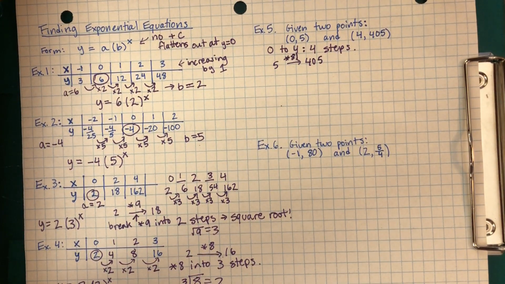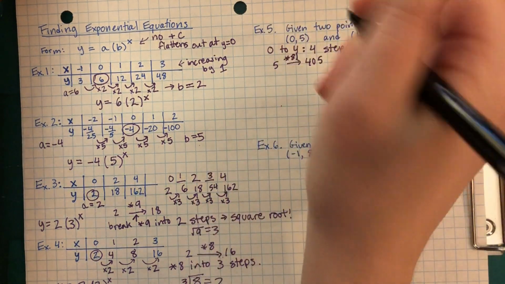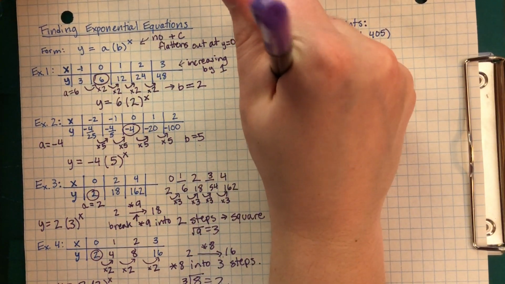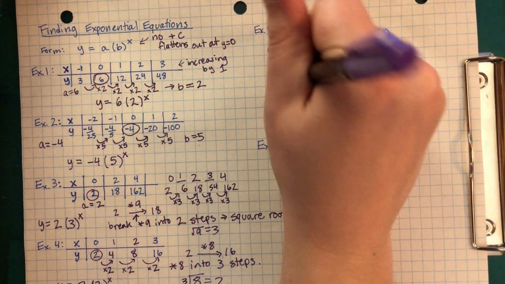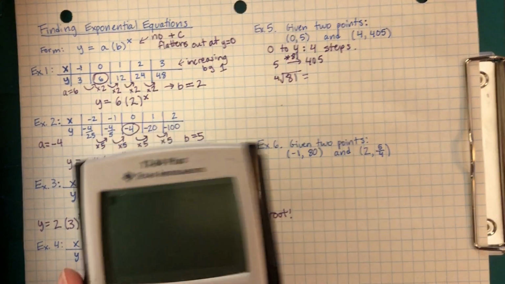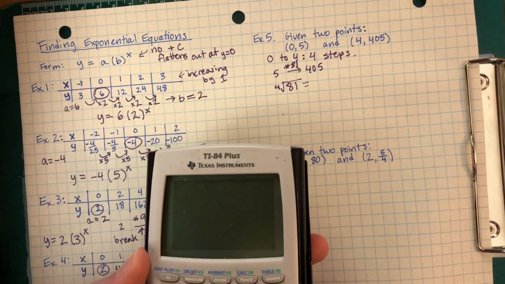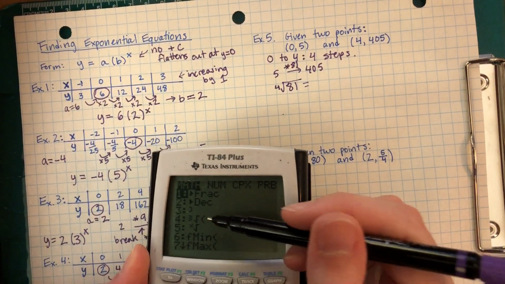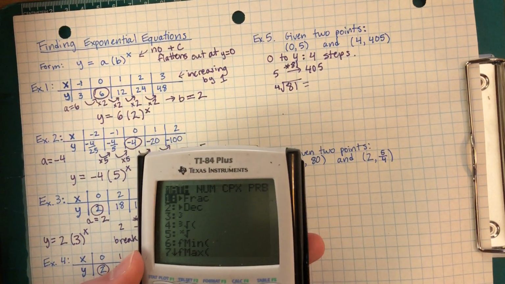That means that I need to multiply by 81 in 4 steps, which means I'm going to take the 4th root of 81. Maybe you know this one. It's kind of on the list of common exponents, but in the graphing calculator, you can type math, and then it's this number 5.